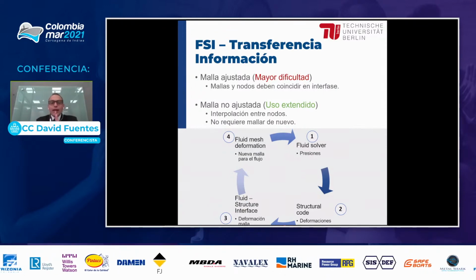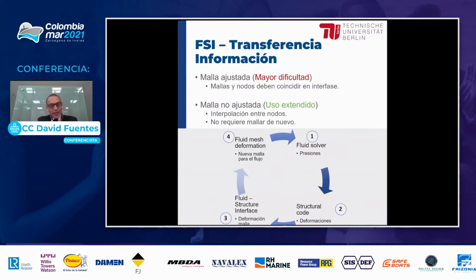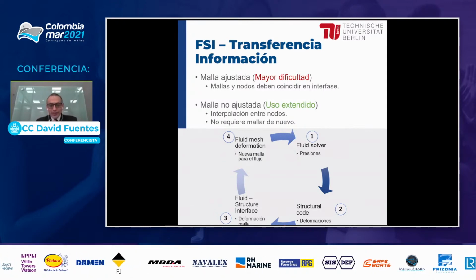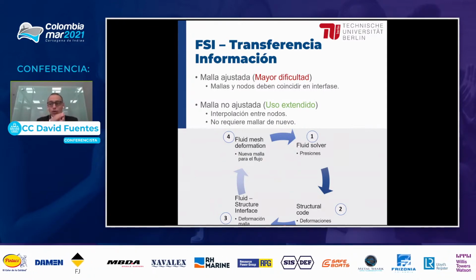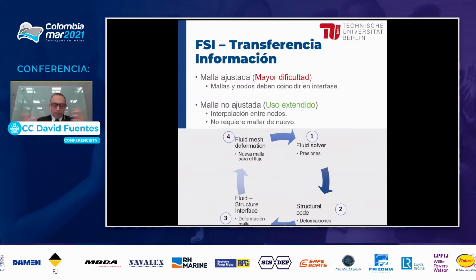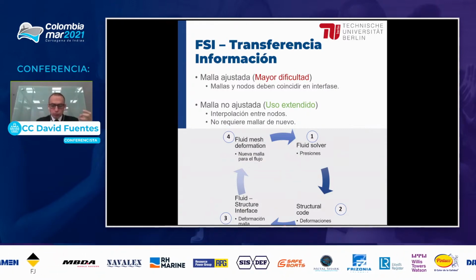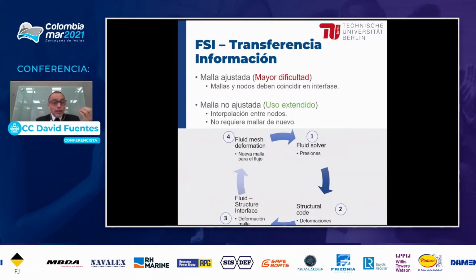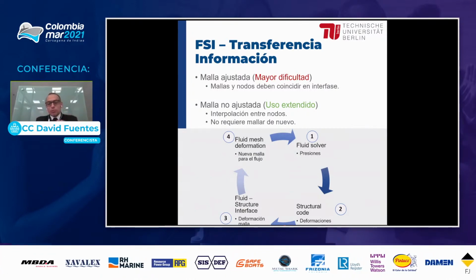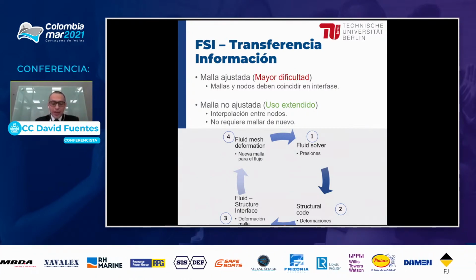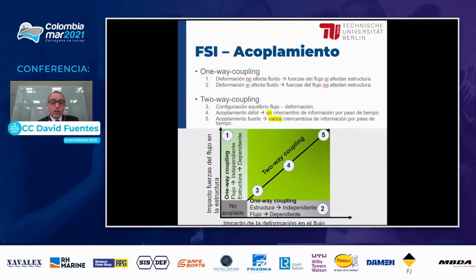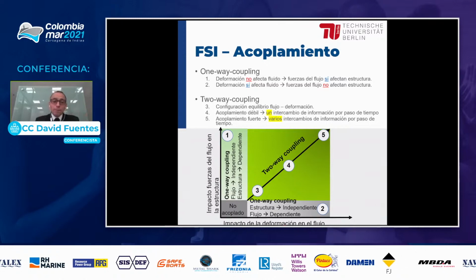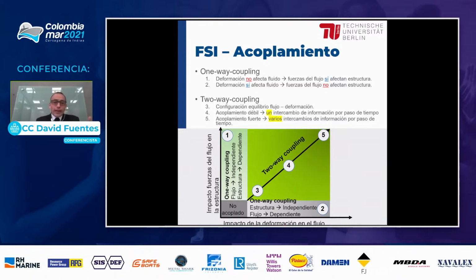The mesh will deform, and this deformation will transfer back through the interface, through the fluid mesh, and this one will read the deformation through different adjustment of the mesh. This mesh will deform, and then we're going to have a new surface to start over with the calculation.